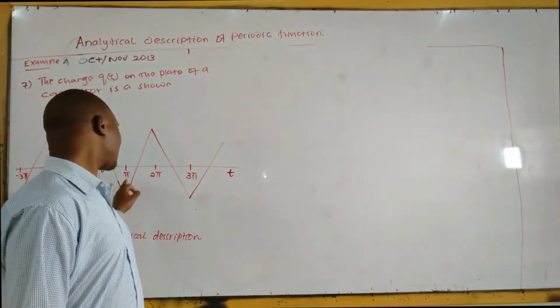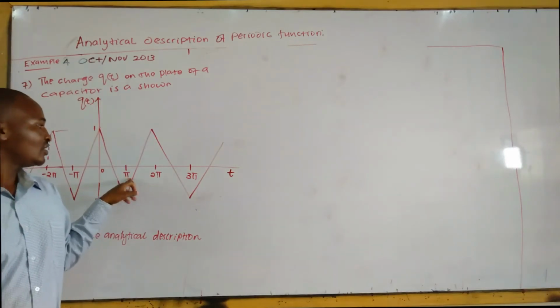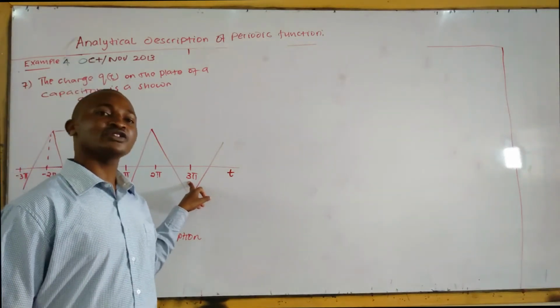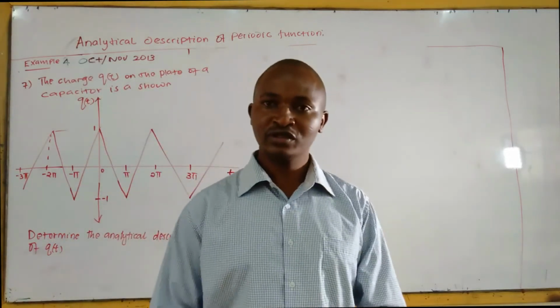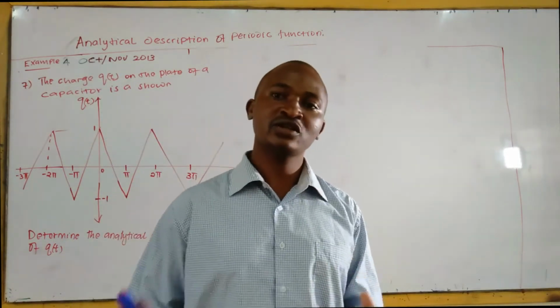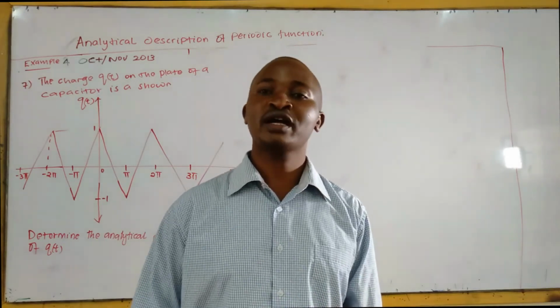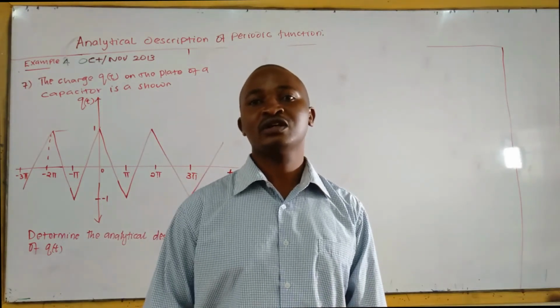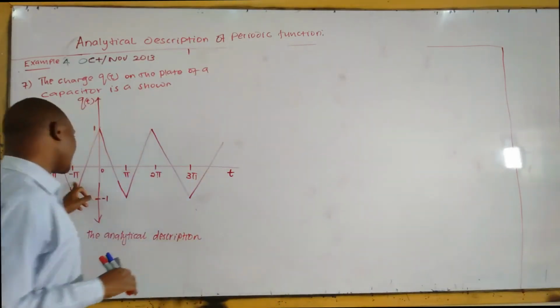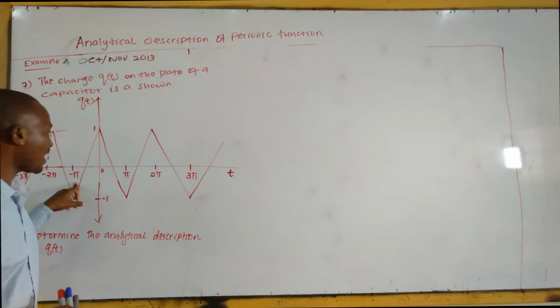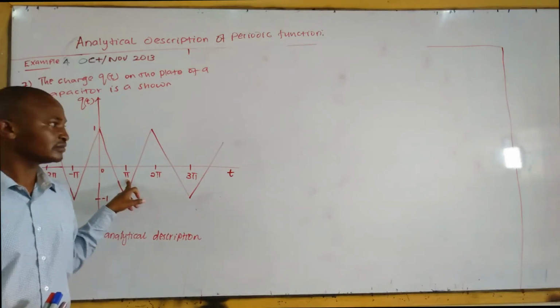We could also take the range from pi to 3 pi, which is also 2 pi radians. So you have a number of options on the range of description of your function. But it would be convenient for us if we could take the range from negative pi to pi.